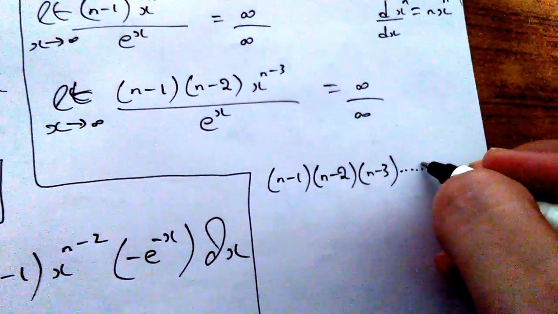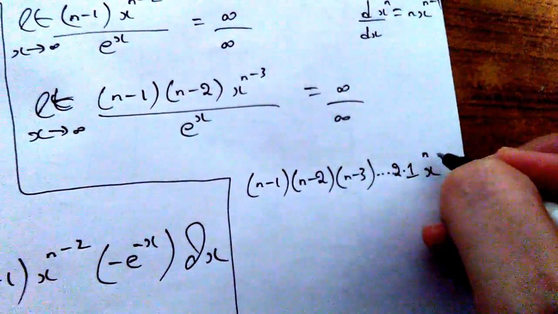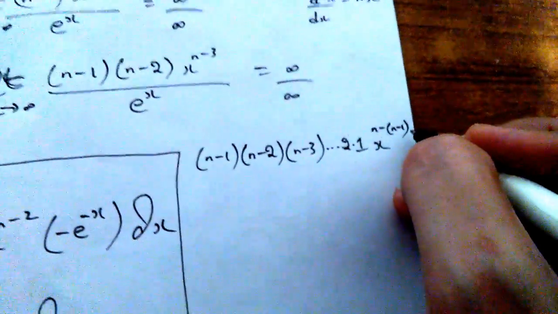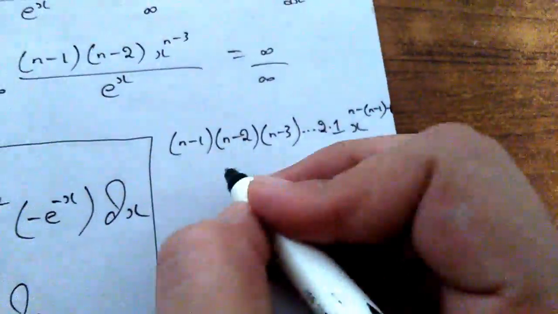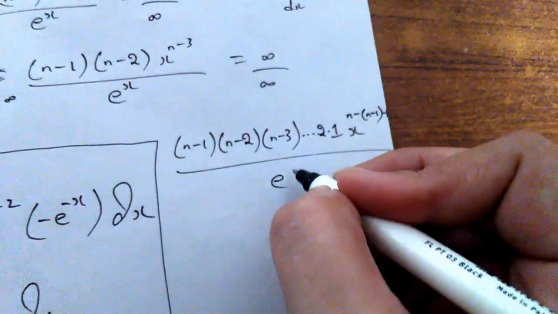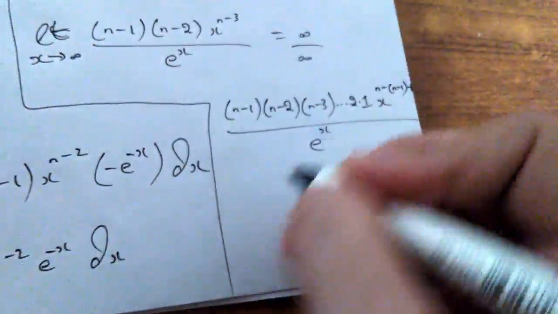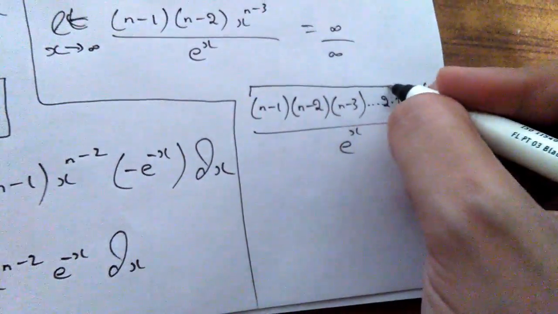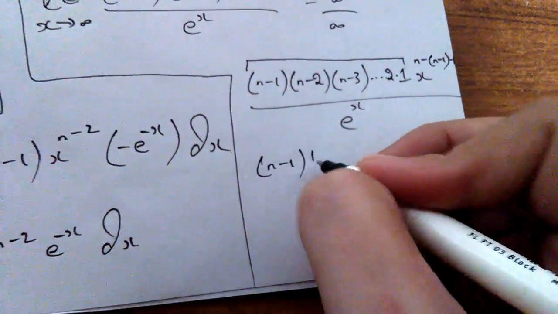So you see 2, 1, and this was the stage, and then you have minus 1. I'm sorry for the lack of space. The derivative of the exponential is e to the x itself. So let's sort it out. Up till here, this is the factorial of n minus 1.